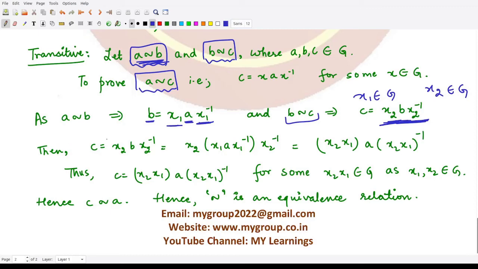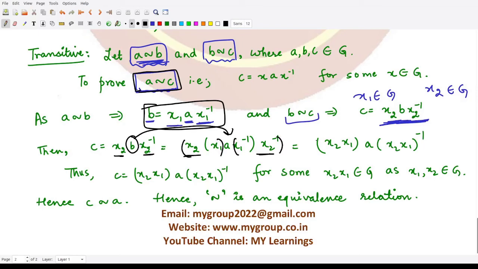So from here, because we wanted to show that A is related to C, what do we do? We consider C. Because C is equal to x2 B x2 inverse, we are writing it over here. Then we write down the value of B here. The value of B is x1 A x1 inverse, so we are writing it over here, and x2 and x2 inverse are as such, right? Then using associativity, we are just adjusting these brackets so that we have x2 x1 A, and then x1 inverse x2 inverse.